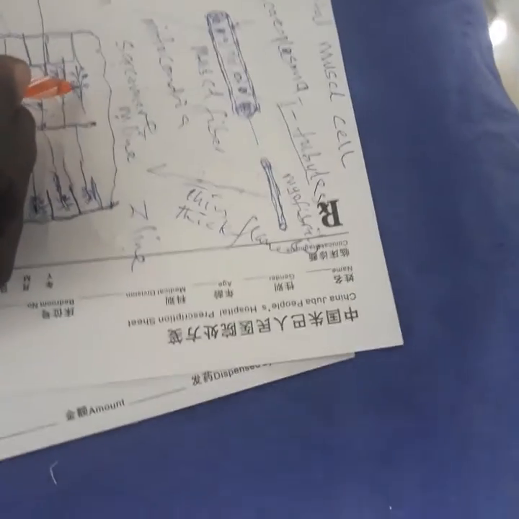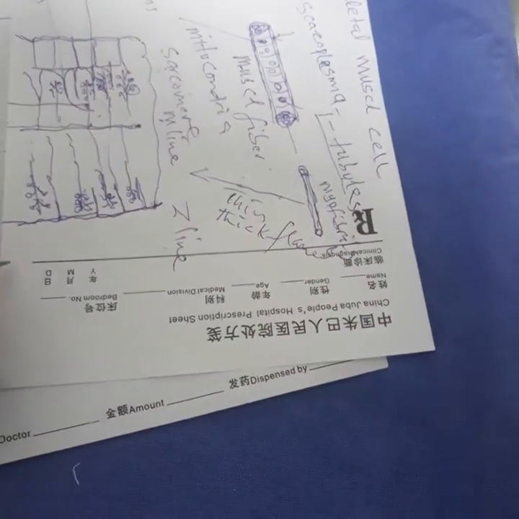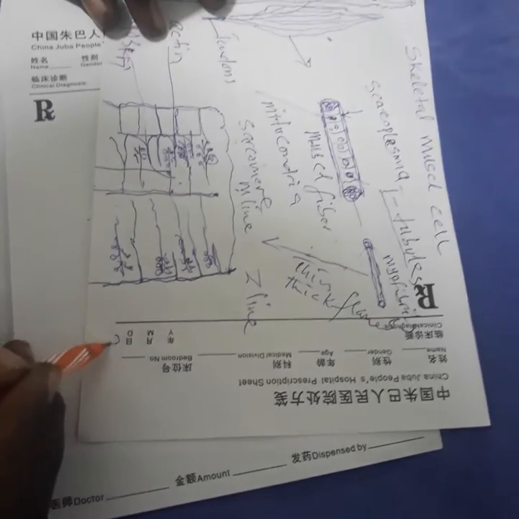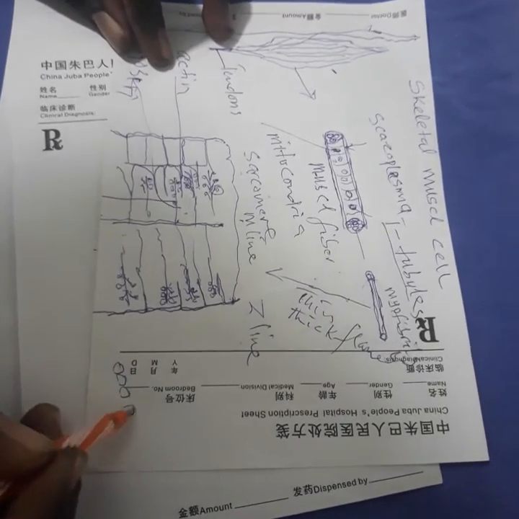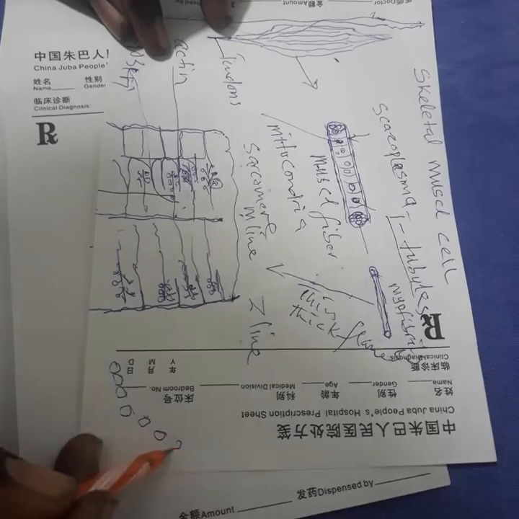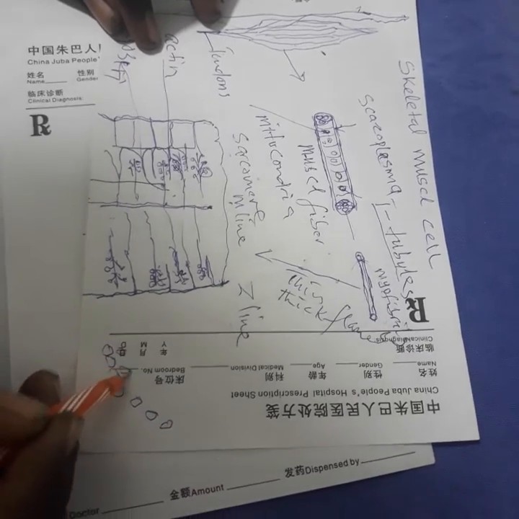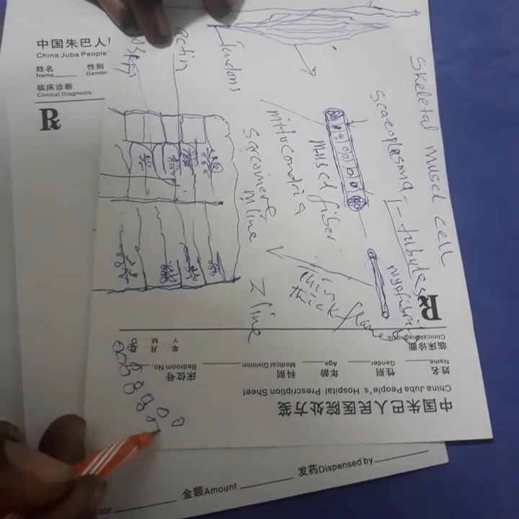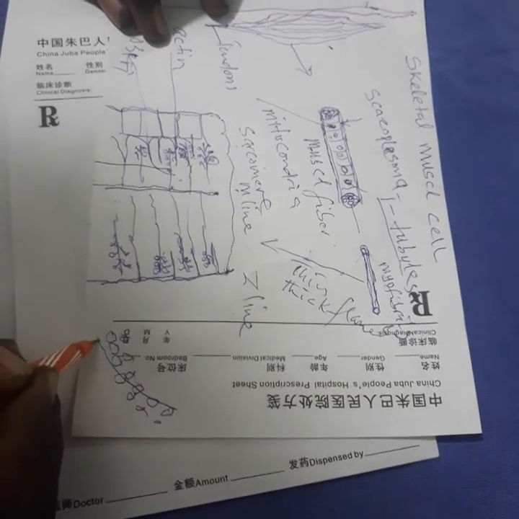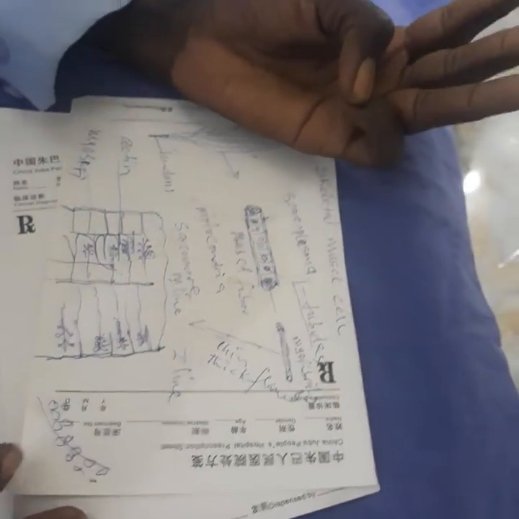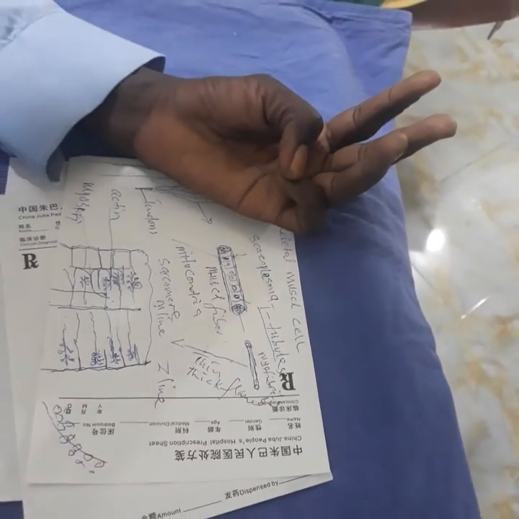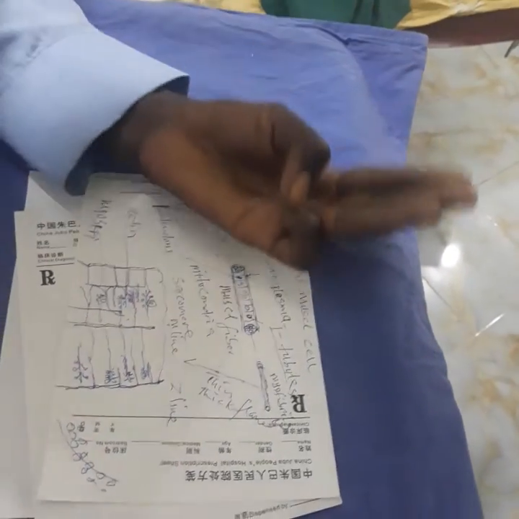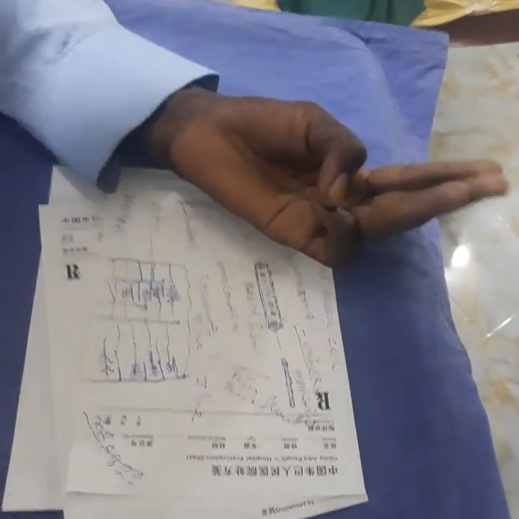Now, when you take this out, one of these globular proteins, you are going to have a chain of globular material like that. This chain of globular material has three types of proteins: tropomyosin, myosin and actin.